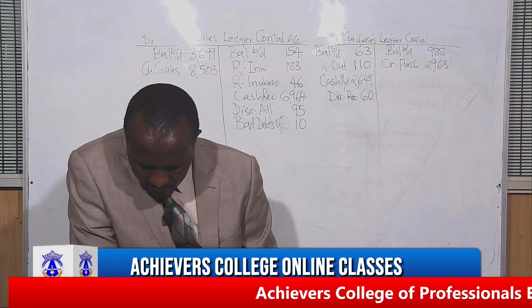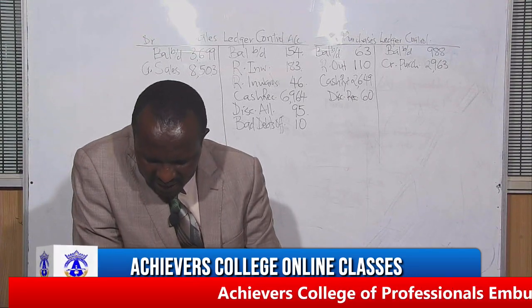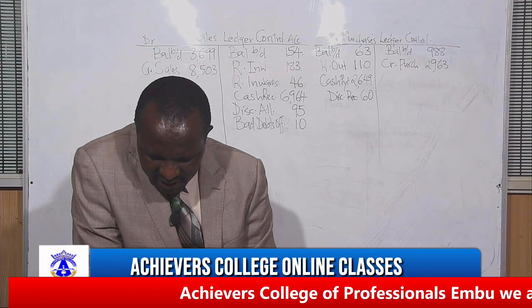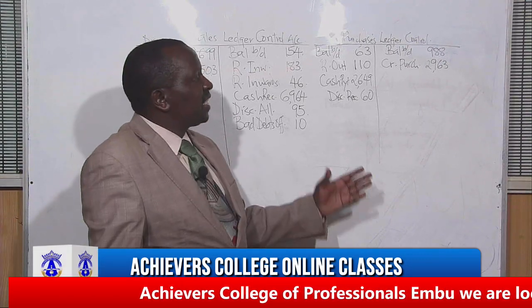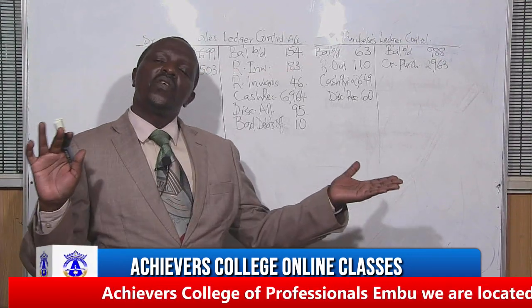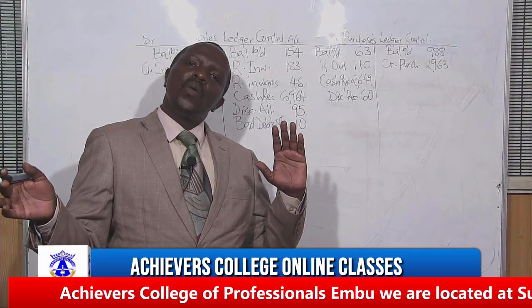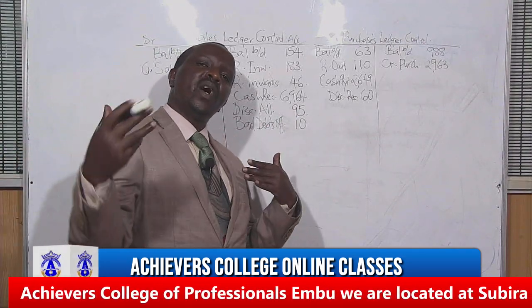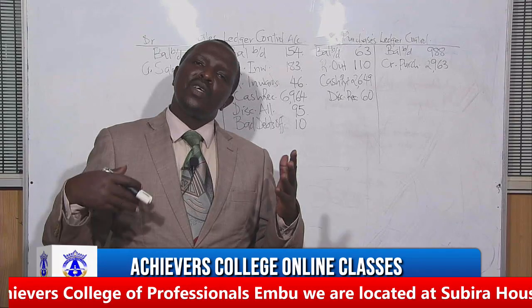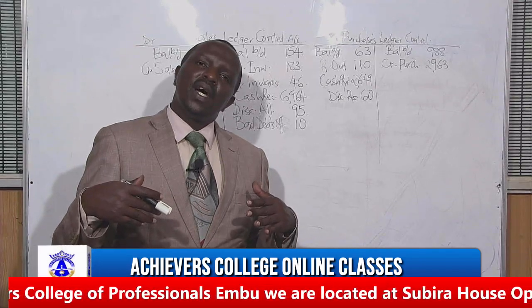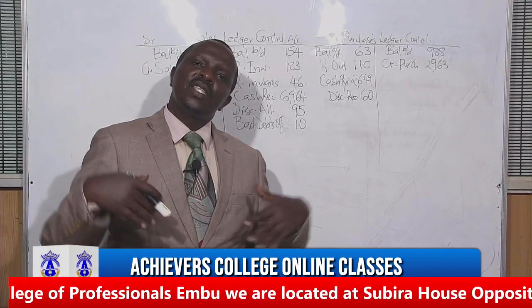Then debit balance on the sales ledger set off against purchases ledger. Remember I told you set off is simply when I have your debt, you have mine, and therefore we settle it.